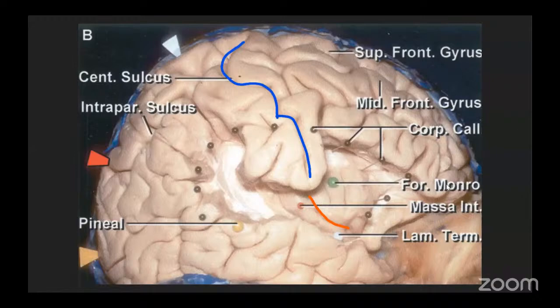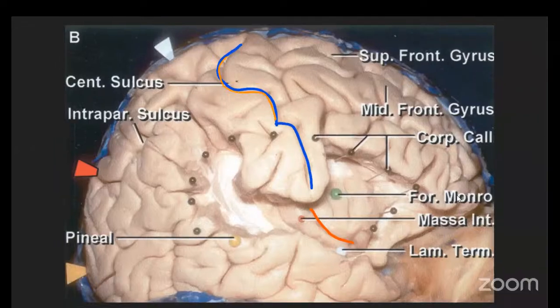This is an image from Rhoton, and it was not marked, but I marked it before I included it in my presentation. You can see that this is the central sulcus over the lateral surface. And you can also see that this is the central sulcus of the insula. And how interesting is this, that this direction and this direction are coinciding. So this is the point I was making earlier, that both of these overlie each other.